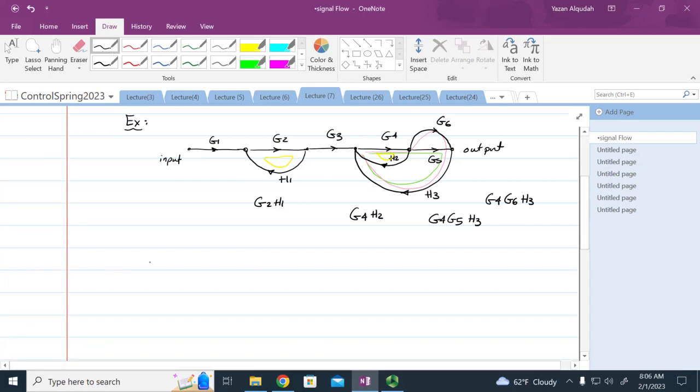The other definition that we're going to need is the forward path gain. This is the product of gains traveling a path from the input to the output.